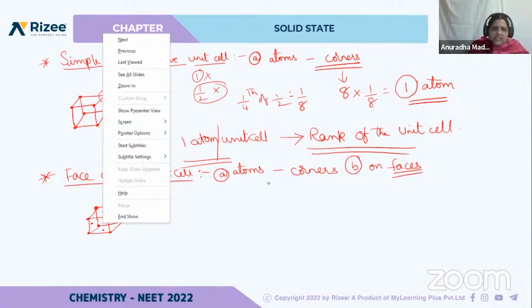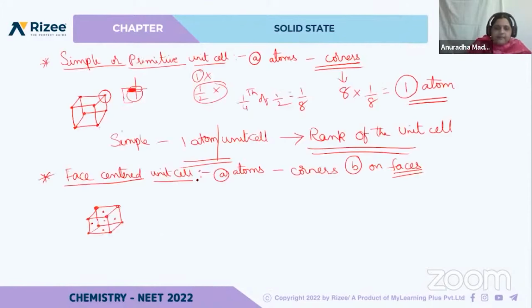So a total of 6 faces. Corners 8, as we know from looking at the previous one, so 1 by 8 part of the atom is coming into the unit cell. So corners give how many atoms? 1 atom.